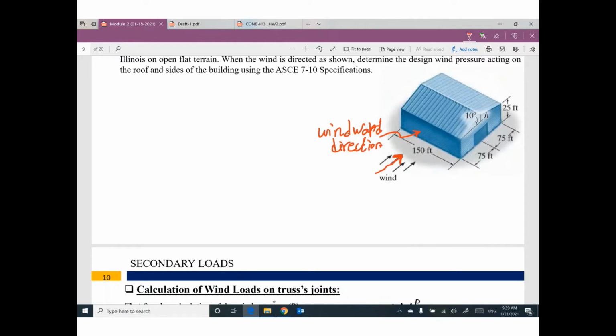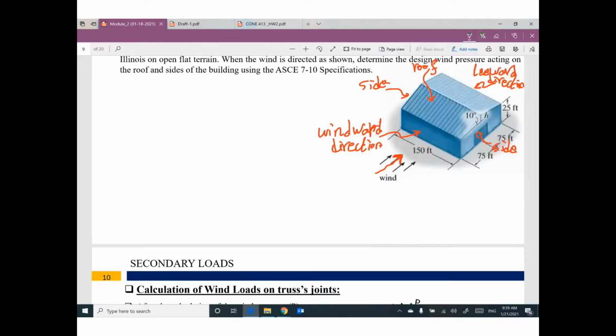The other side is called leeward direction. This one can be called side direction, and this one can be called side direction, and the top of the building can be called roof direction.